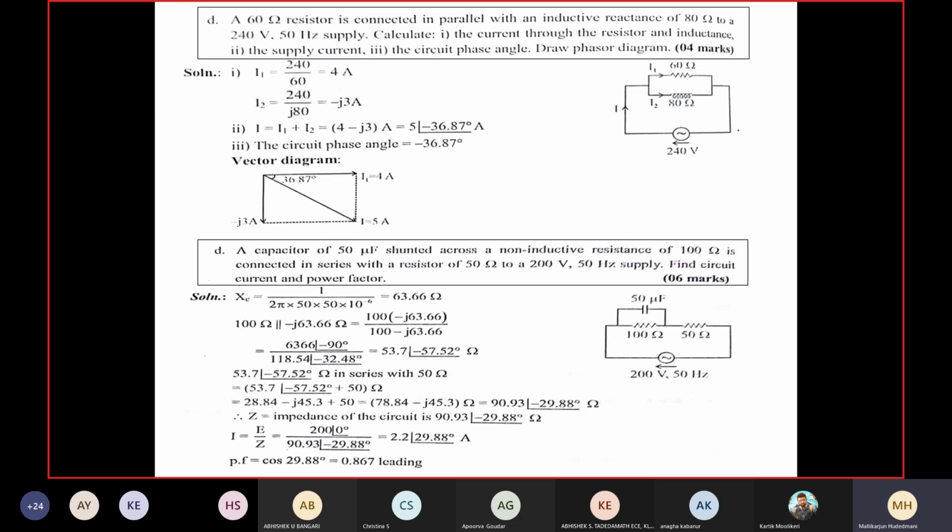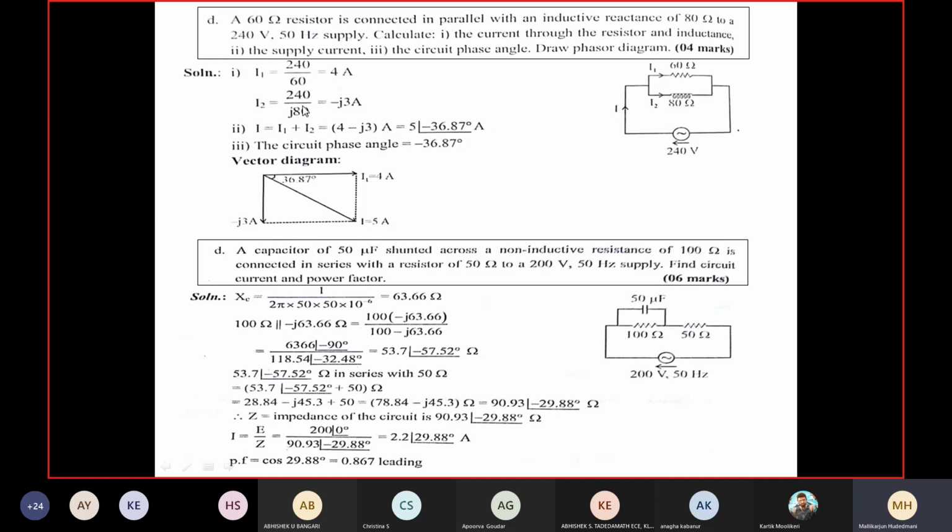Draw the circuit, one R and L in parallel to a source of 240 V, 50 hertz. Then mark the total current I, I1, I2, whatever is shown in the problem. Then using the parallel circuit concept, V by the first branch data. V means 240 divided by 60 is the first current. 240 divided by J80. You must be very careful here.